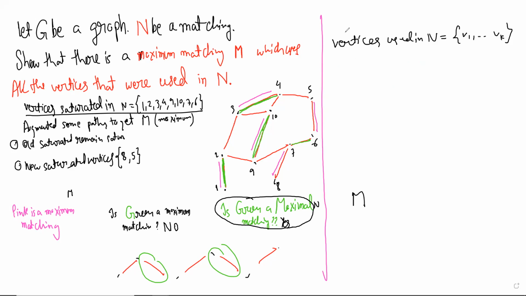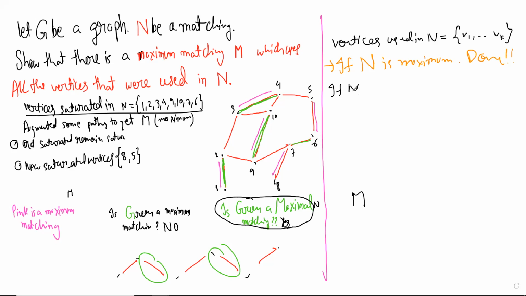This criterion, the augmenting paths criterion, helps you move forward, and it tells you that you can always move forward unless you have reached a maximum. So if N is maximum, then is there anything to do? No, then done. Then we can just go home. Right? If N is already maximum.